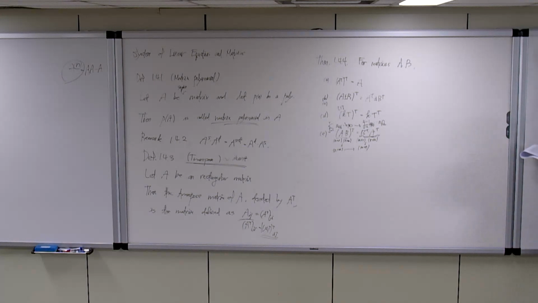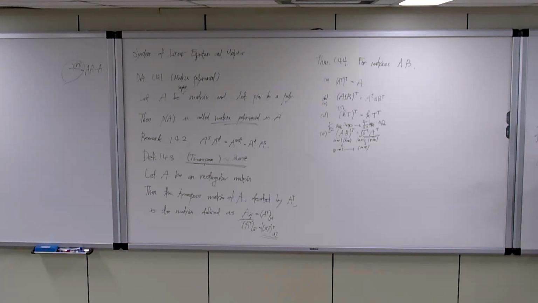Its size is n times r, r times n, and B transpose A transpose will be of size m times r, r times n, and its matrix is written like that.